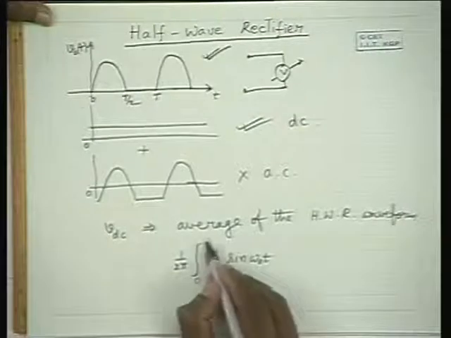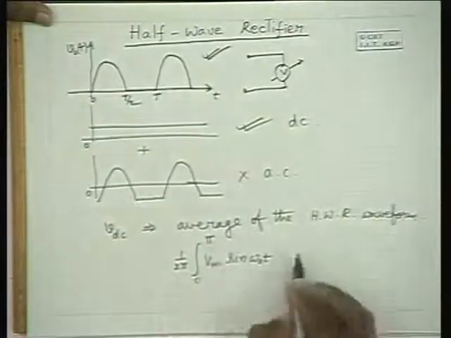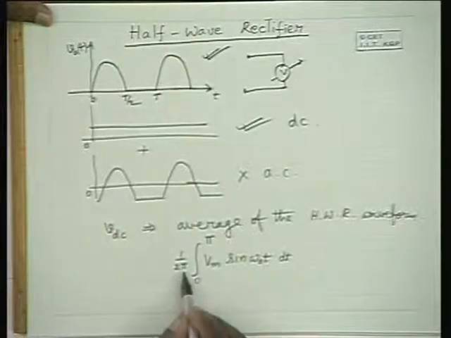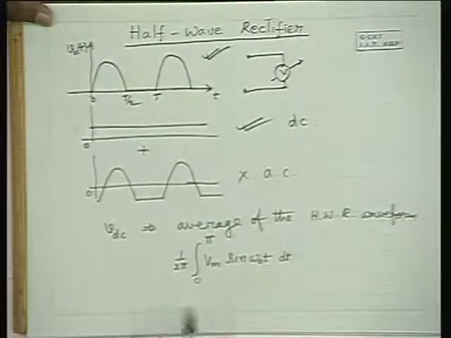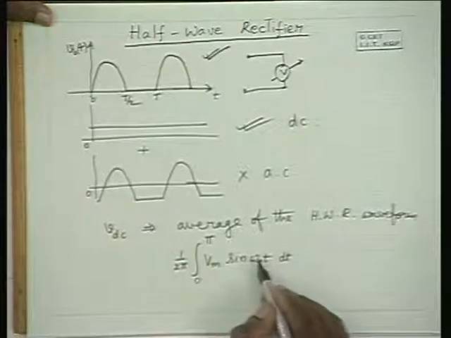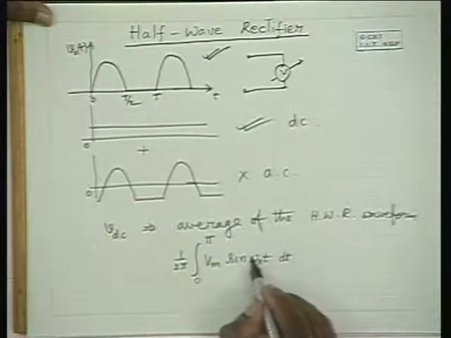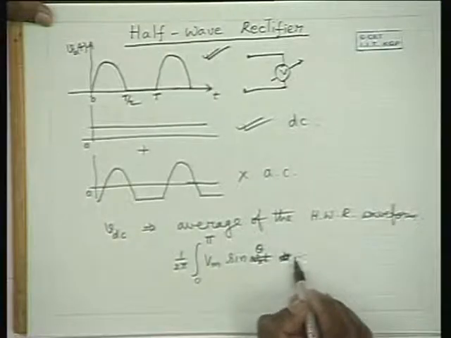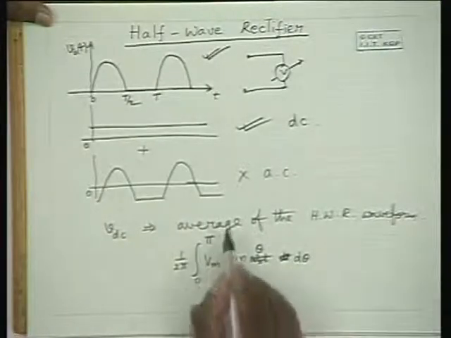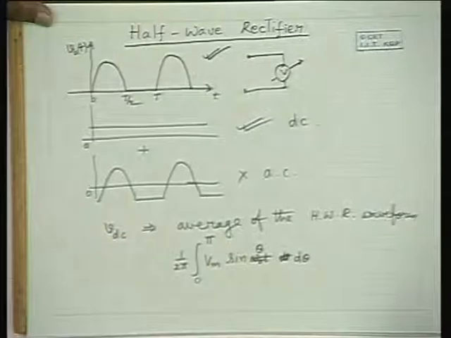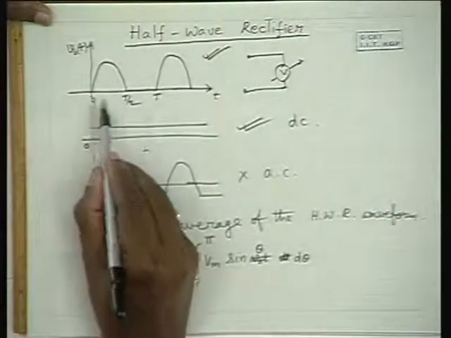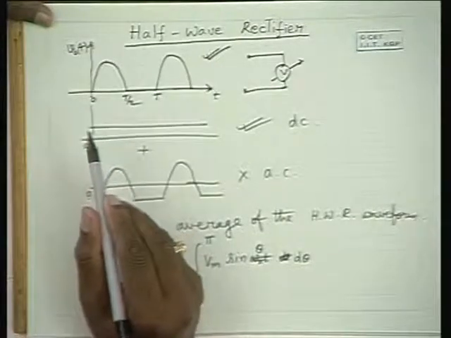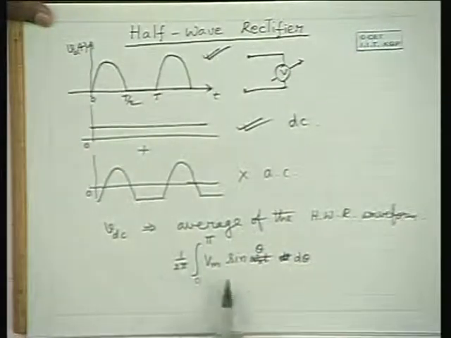So we will be integrating from 0 to pi, with 1 by 2 pi in front. There is a problem here. If I integrate sine theta with respect to theta, the integration is from 0 to pi. If it is with respect to time, I have to integrate from 0 to T by 2. It is one and the same. Therefore, the integration is this.